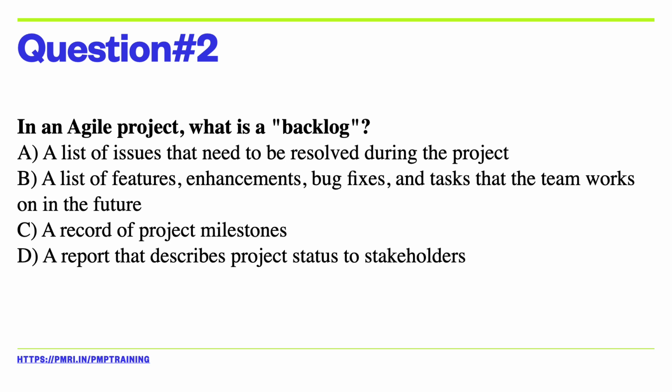Option C, a record of project milestones. And option D, a report that describes project status to stakeholders. So which of these is the correct answer in your opinion? Maybe you can note it down somewhere before we see the correct answer.